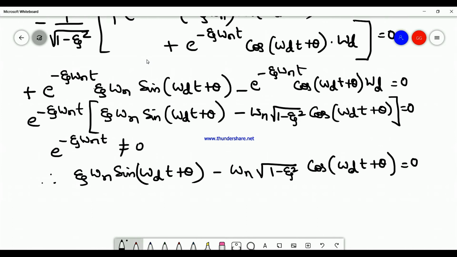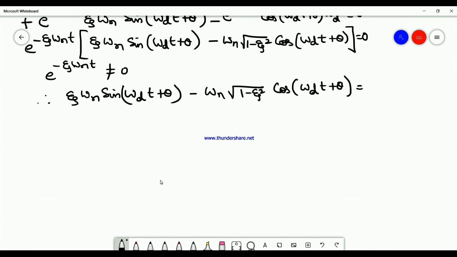Now again this omega n can be removed. In both terms we have omega n, so omega n can be removed. So I'll just erase omega n here. This would be the equation which will be equal to 0. We know that zeta is cos theta, or else I'll not replace zeta now.